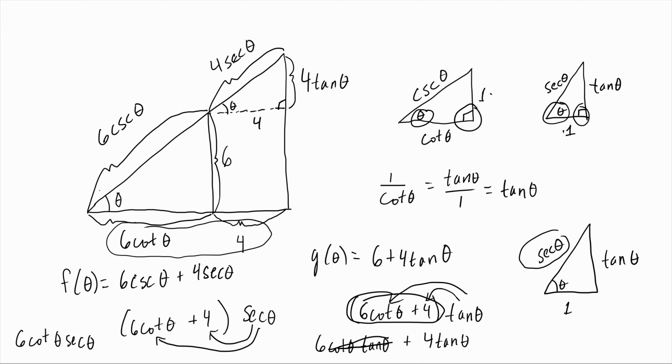6 cotangent theta times secant theta. Is that going to be equal to cosecant? It will be equal to it, and we can again think about ratios on triangles.